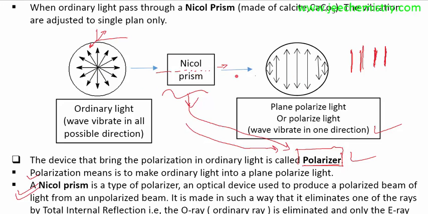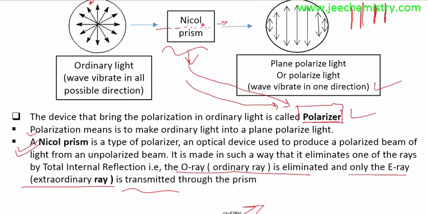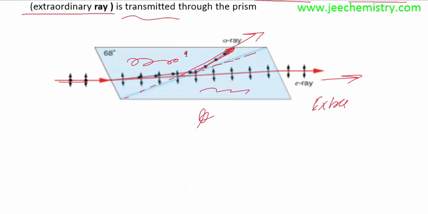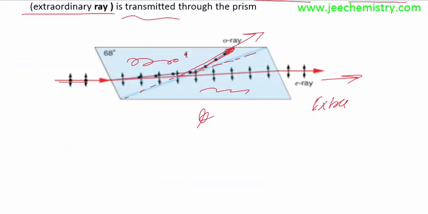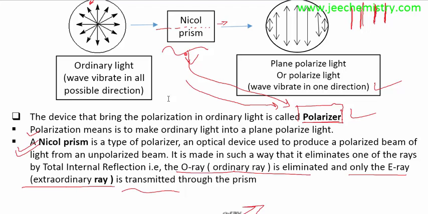In the Nicol prism there is a compound which reflects the ordinary ray and allows only the extraordinary ray to pass.